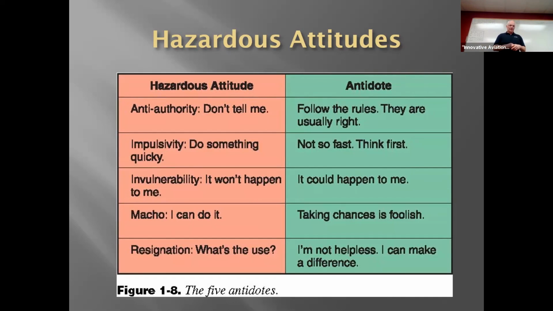But remember, all these FAA rules were made basically with someone's blood. There was some accident, some incident, and that sparked the rule. So somebody it didn't turn out well for, and that's why we have the rules. So basically, the rules are there for your and our safety and everyone else's.